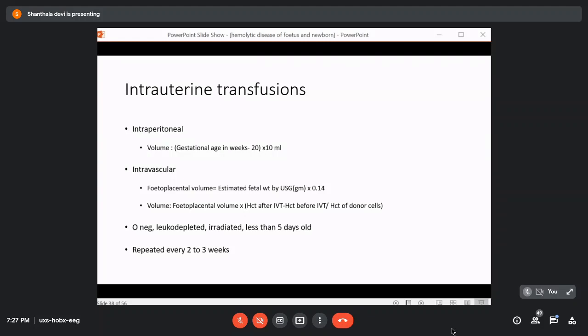Generally, O negative, leukodepleted, irradiated blood less than 5 days old is preferred. It is preferred to check the CMV status as well as the sickle cell status of the blood before intrauterine transfusions are given. It is repeated every 2 to 3 weeks.